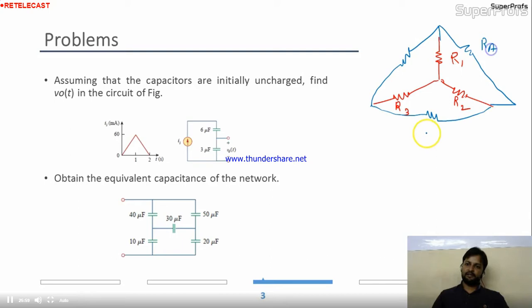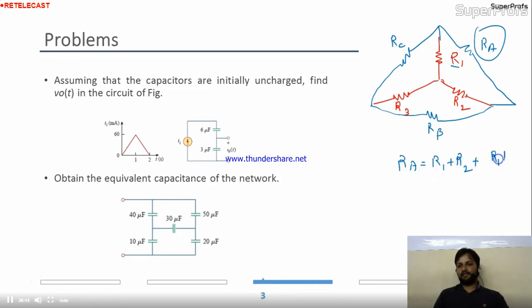Take it RA, this is RB and this is RC. Now we have seen the formula. The RA will be the summation of R1 and R2, R1 plus R2, plus multiplication R1 R2 divided by the remaining one, that is R3. This is the formula.